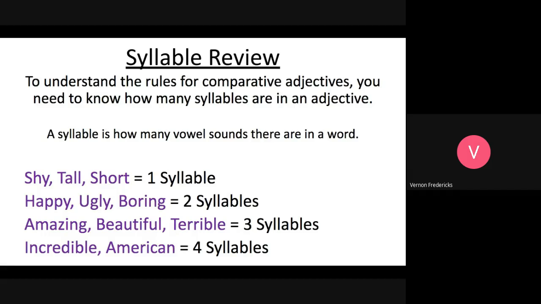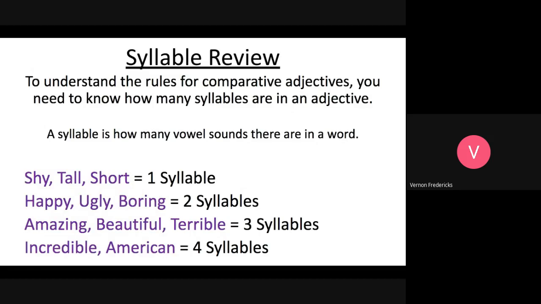Three-syllable adjectives. Amazing. Three syllables. The second adjective in the three-syllable tier is beautiful.